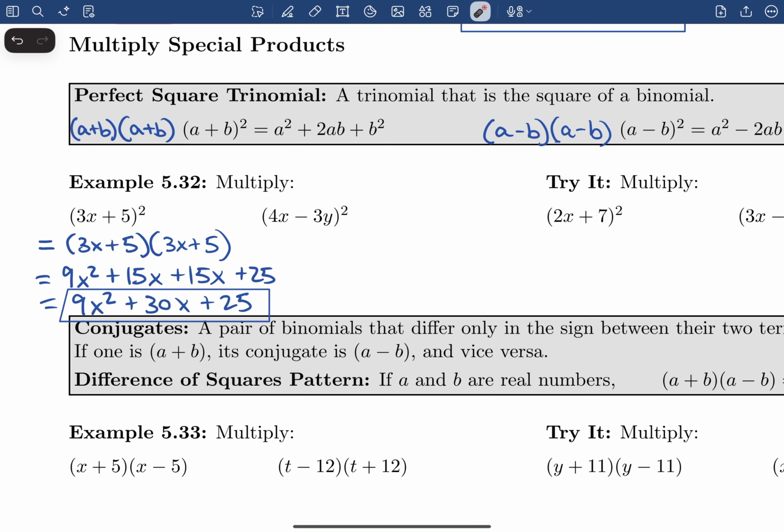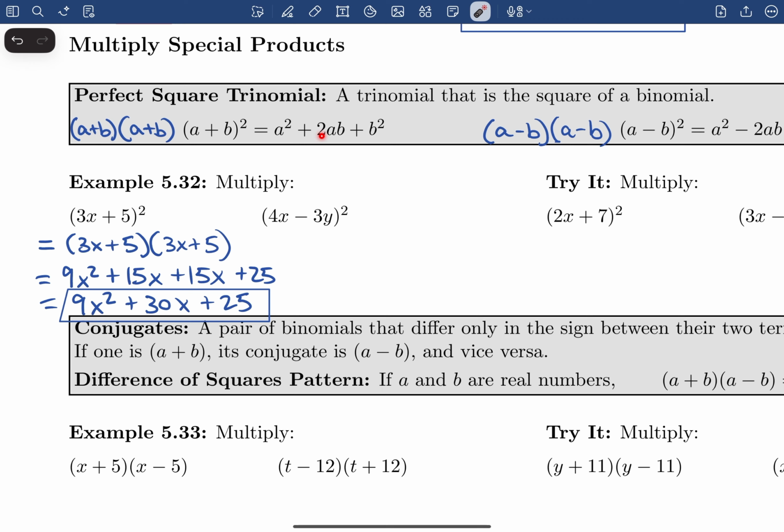Now it just so happens that if I followed this formula without FOILing, I could take a and square it. Well, what is a? 3x. If I square that, that gives me 9x squared, because 3 squared is 9, x squared is x squared. Now I have this plus 2 times a times b. Well, I could take a times b. That's 3x times 5, which gives me 15x.